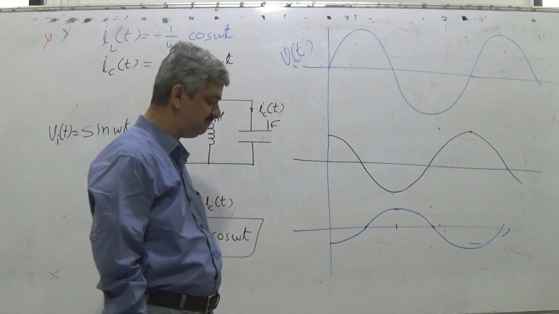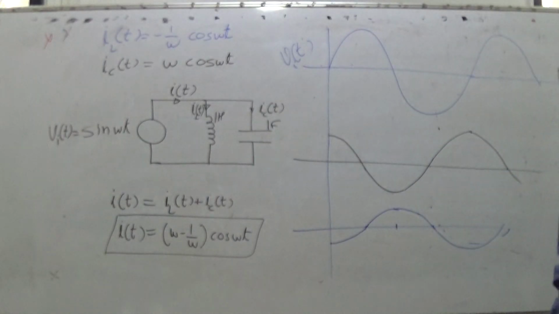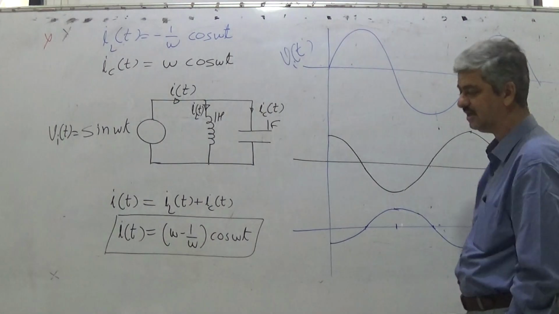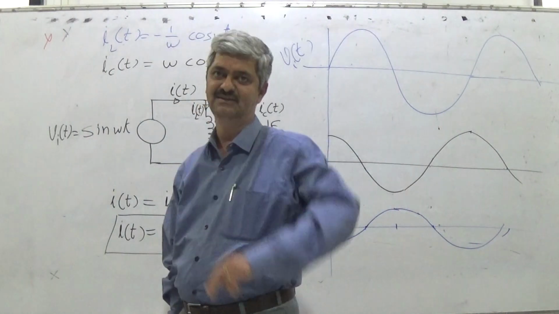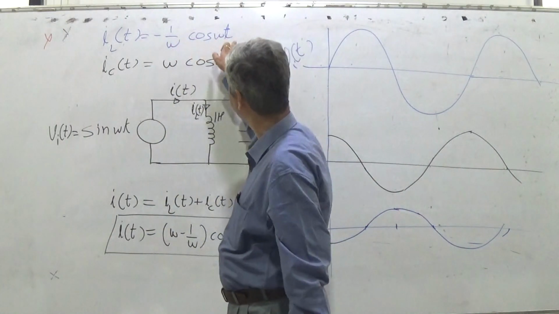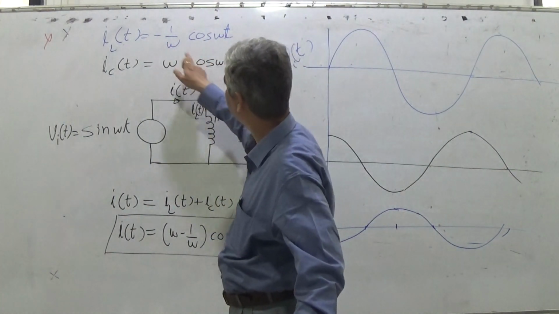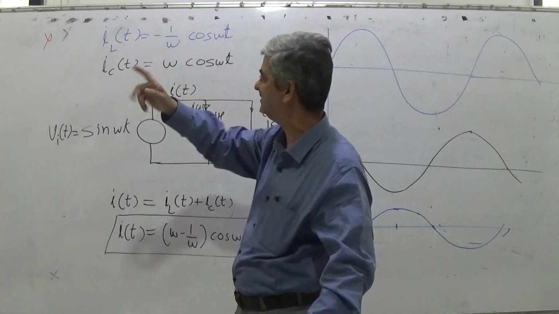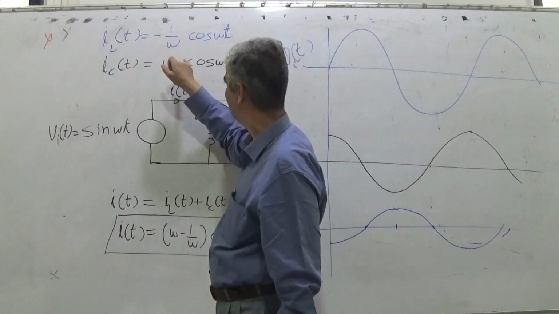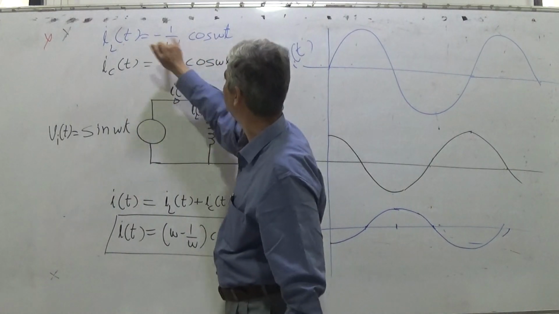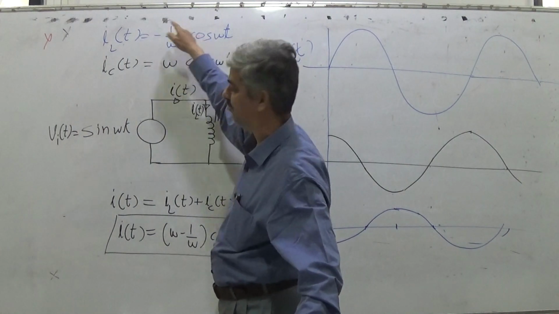In an LC parallel circuit, inductor current and capacitor current are always opposite in phase with each other. So it is cos omega t, it is minus cos omega t. So cos omega t and minus cos omega t are already out of phase. Now values are omega and 1 upon omega. Cos omega t and minus cos omega t are opposite in phase and values are omega and 1 upon omega.